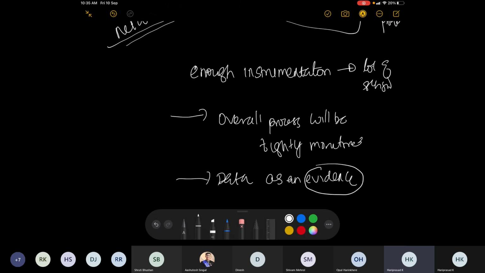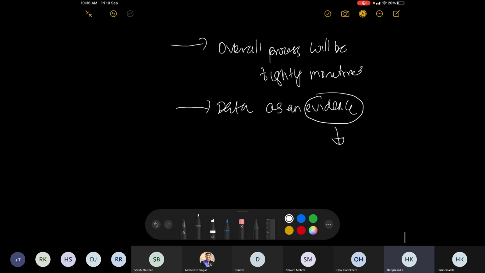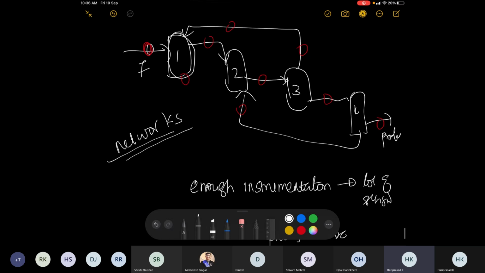Your evidence might violate your physics or physics might violate your evidence, but you are not bothered by that. It is only based on evidence. People in this domain would use a tighter word called likelihood, which is basically nothing but evidence. Based on the data as evidence, can you develop the whole model again?